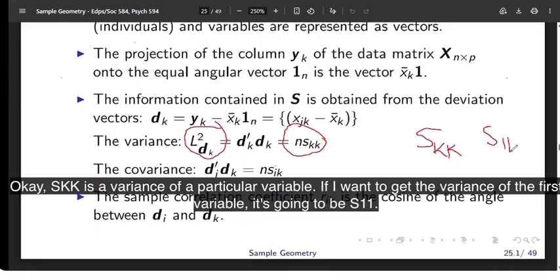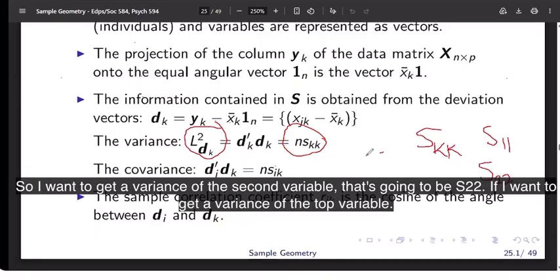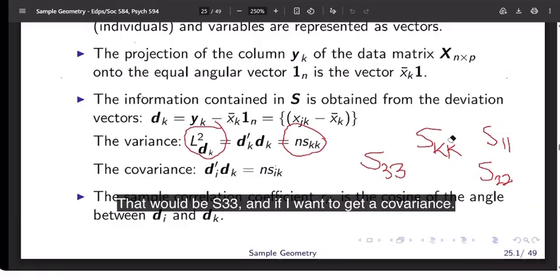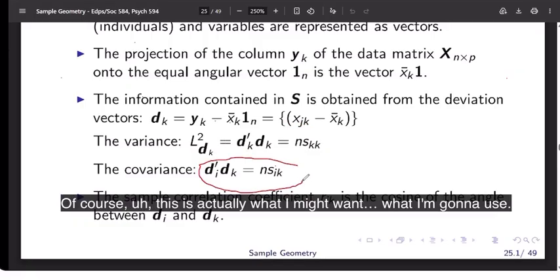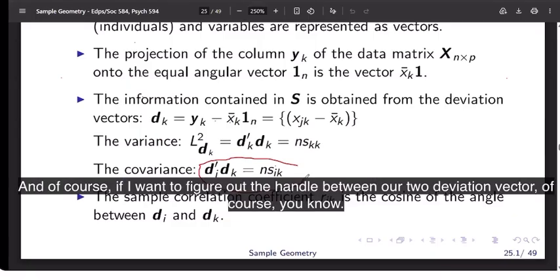If I want a covariance, maybe S12 or S13 and so on, this is what I'm going to use. And to figure out the angle between two deviation vectors, I'm going to use cosine theta equal to what I showed you before.